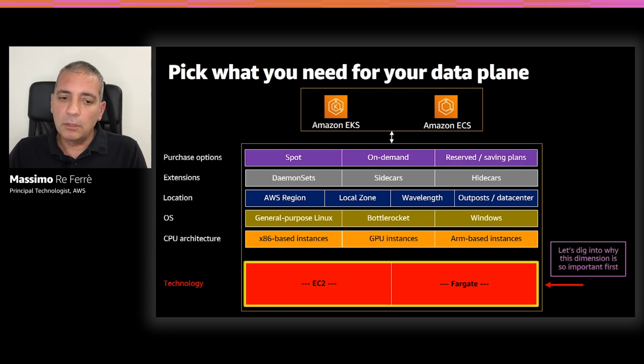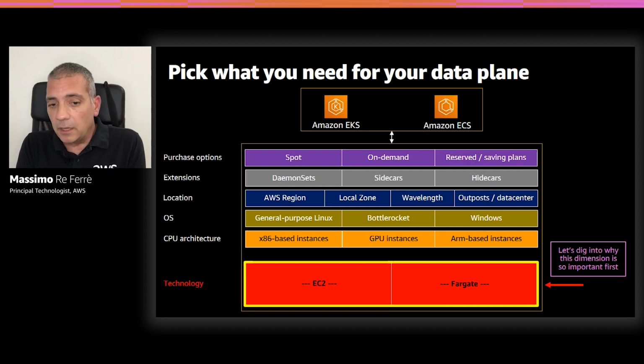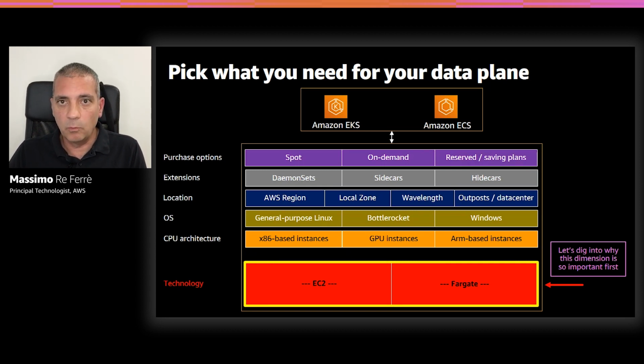So let's start digging a little bit deeper into the technology aspect, which is pretty much EC2 versus Fargate. I'm not going to spend too much time talking about EC2 because I think that most of you understand EC2. EC2 is also the way that you would implement that assumption that we're trying to challenge with this presentation, if you remember.